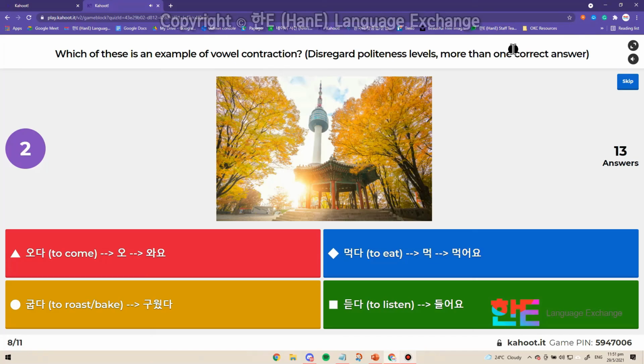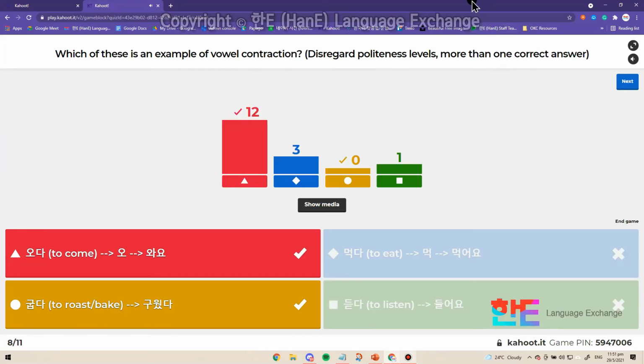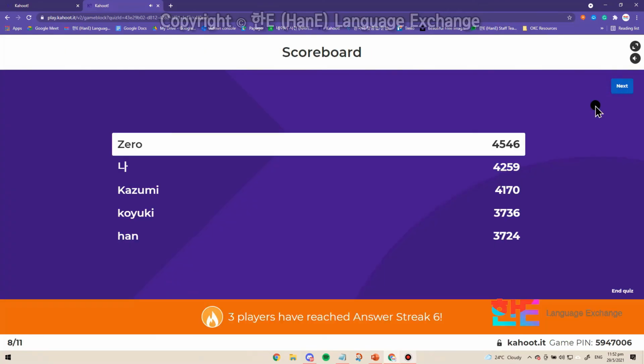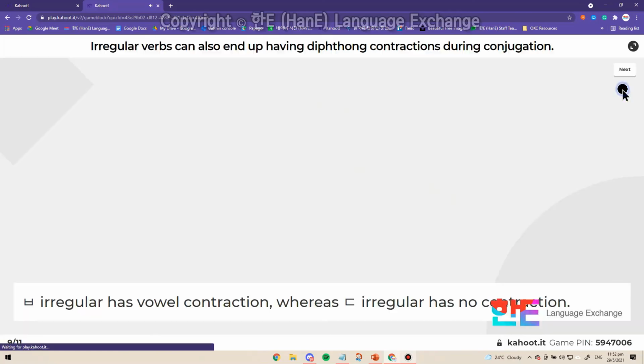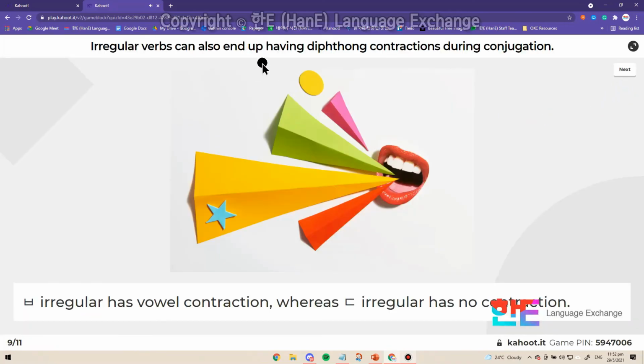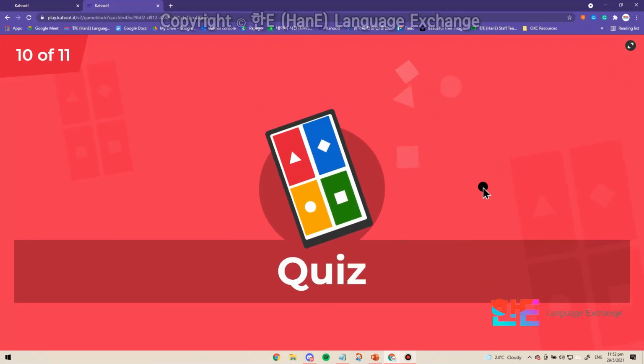So the merging of the vowels. Yep. Either yellow or red was correct. Most of you got the red one though. Yeah, so irregular verbs can also end up having the contraction. However, ㅂ irregular will have vowel contraction due to its nature in conjugation, whereas ㄷ irregular has no contraction.